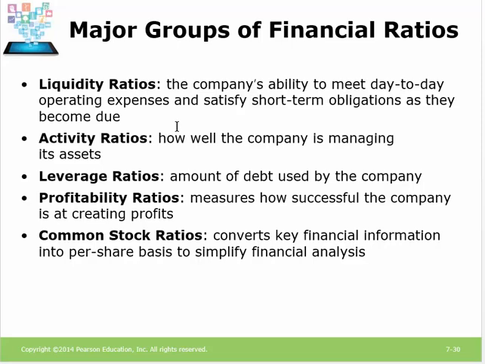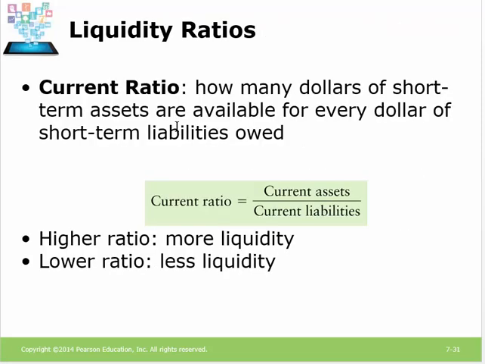So let's jump right into this, we don't want to spend too much more time talking about this. We'll talk about liquidity ratios. How much cash does the company have to pay its bills? Current assets, if you remember, we talked about it. All of these things will be cash in the next 365 days.